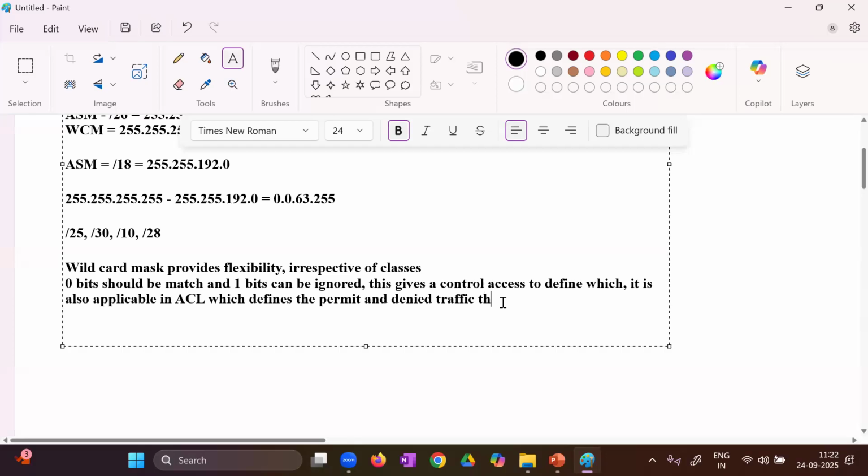So that's why it gives bitwise flexibility.